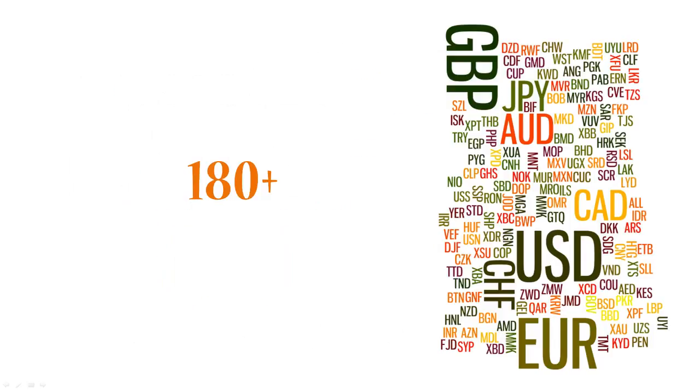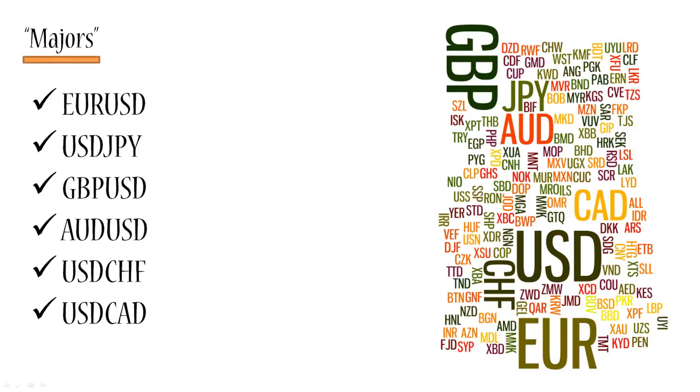There are over 180 currencies in the world, and you can combine any two of them to give you a currency pair. Most traders identify two main groups of currency pairs, and these are the majors: the Euro-US dollar, the dollar yen, the British pound dollar, the Australian dollar, American dollar, the dollar Swiss franc, and the dollar Canadian dollar.